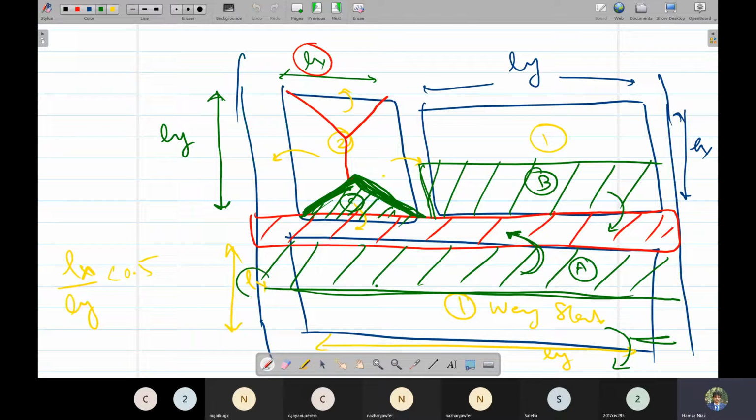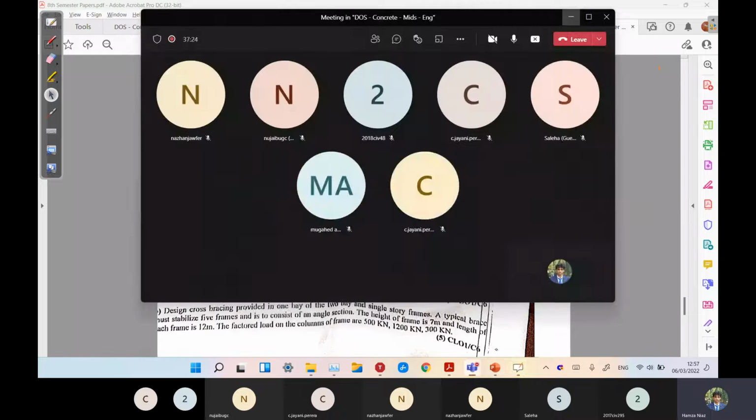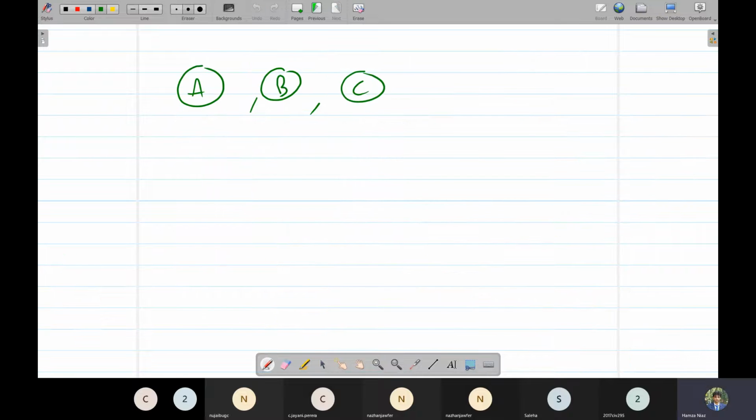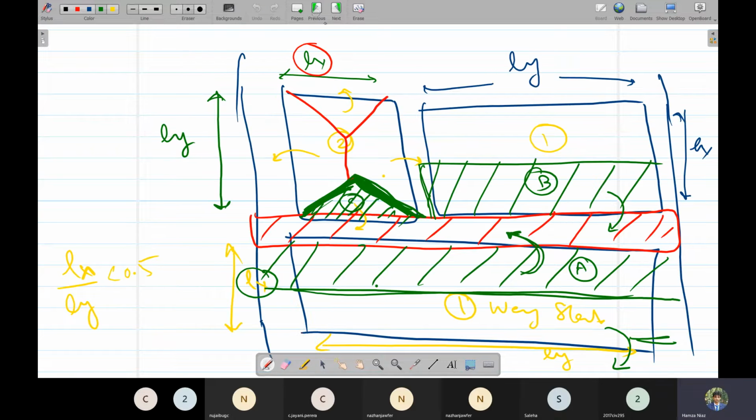A would be simply Lx by 2. For the A portion, our area would be Lx by 2.